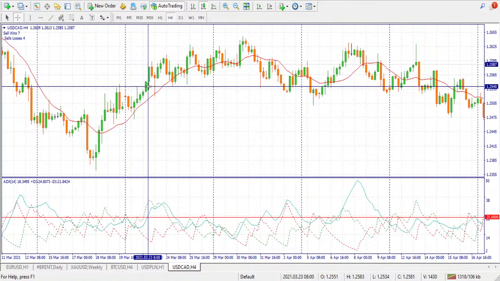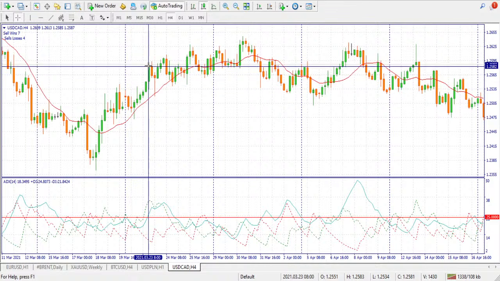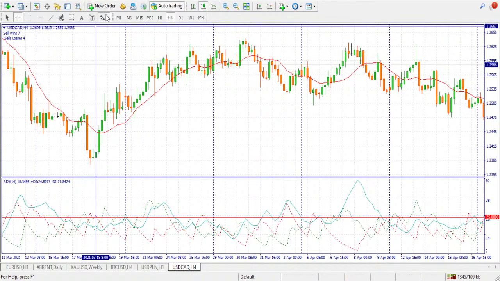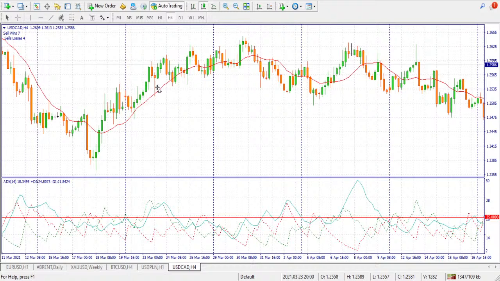When the blue line has crossed above 25, while the green dotted line is above the red line, and the moving average is below the closing price of the previous candle, that is a sign that you're supposed to buy immediately. This could have been the correct place to look for a buy from. Technically, you could have bought immediately this happened. This could have been the best place to buy from.